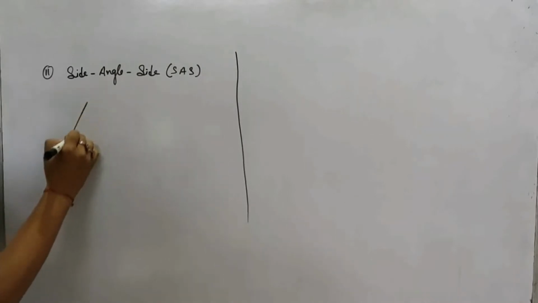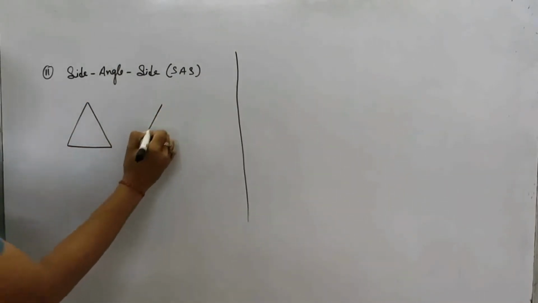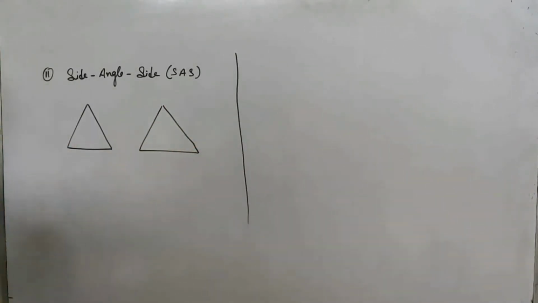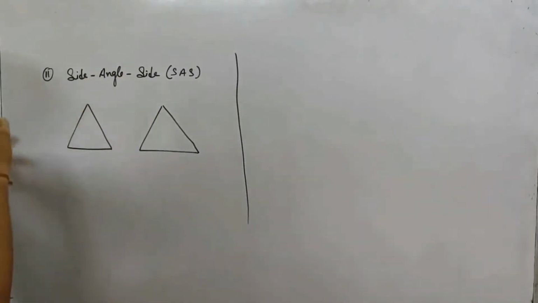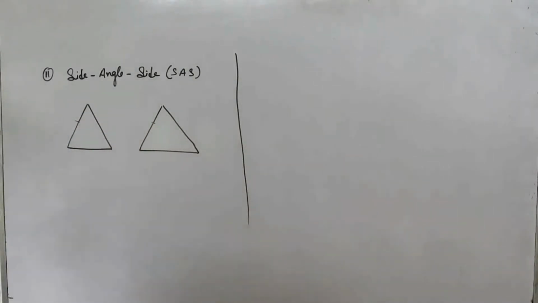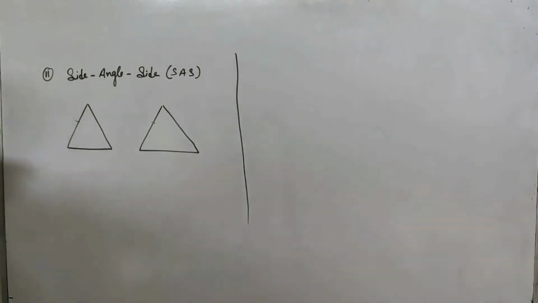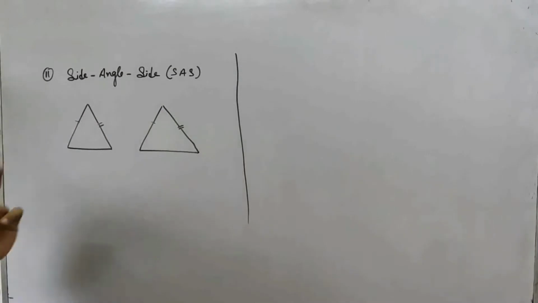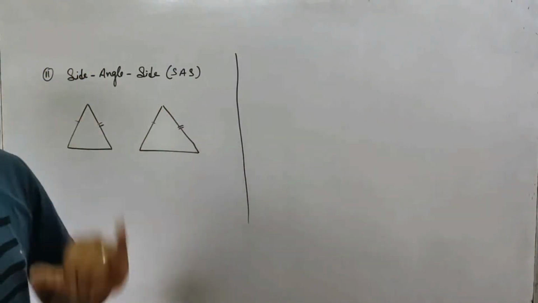Say for example this is one triangle and this is another triangle. Now there are two sides and one angle. If I can show that this side is equal to this side, and this side is equal to this side, say 4 centimeter, 4 centimeter, 5 centimeter, 5 centimeter, two sides are done.